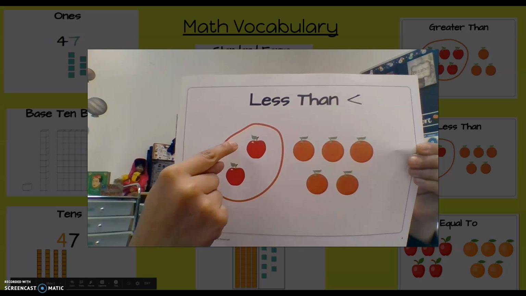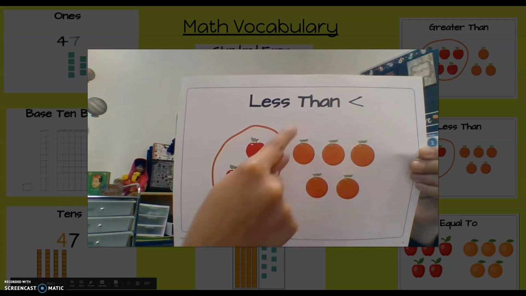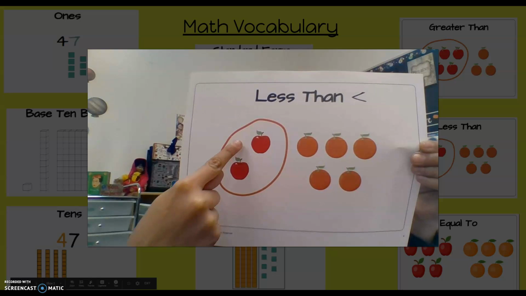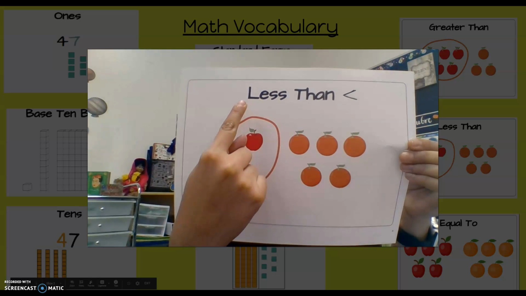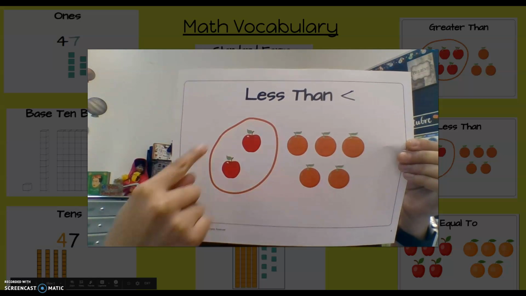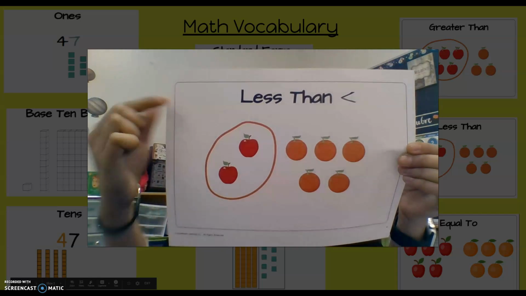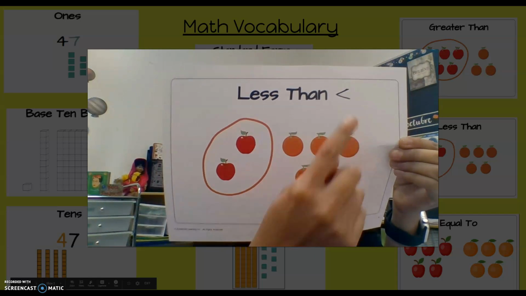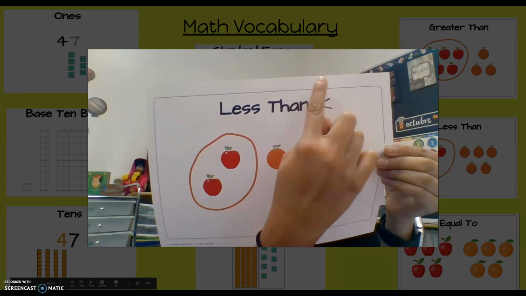So the number of apples is less than the number of oranges. So we have less apples than oranges, just because we have fewer apples. And this is the sign for less than, right up here.